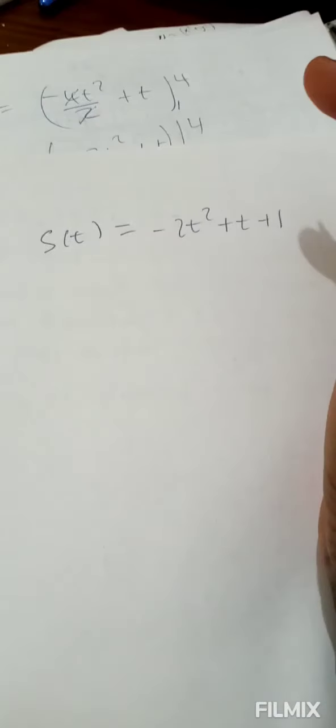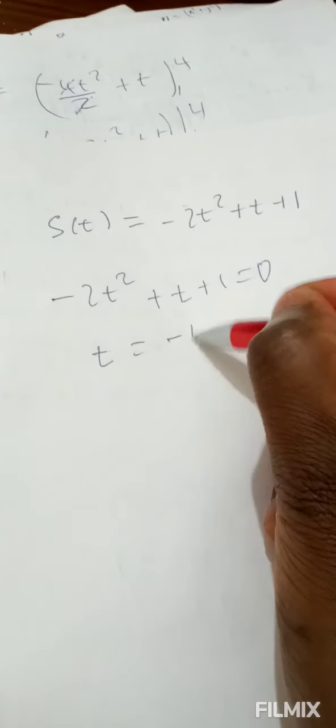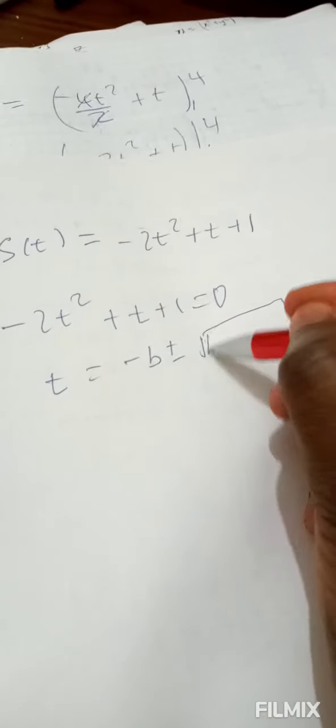Find the time when distance is equal to 0. So minus 2t squared plus t plus 1 is equal to 0. So from here, t is equal to minus b plus or minus the square root of b squared minus 4ac over 2a.